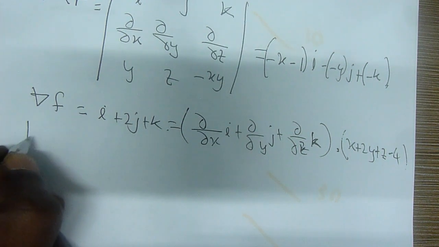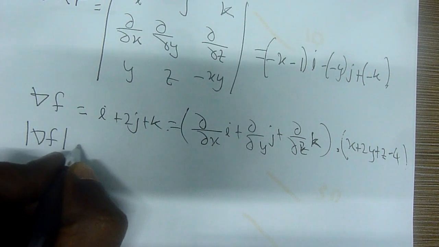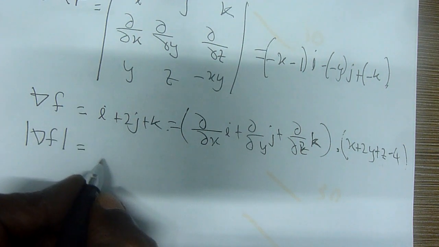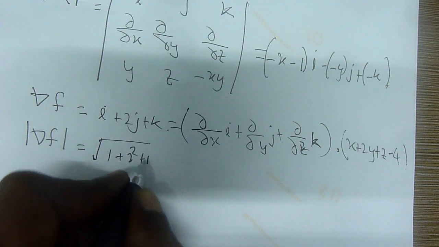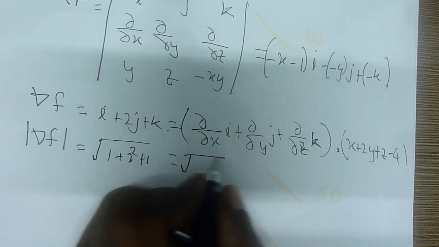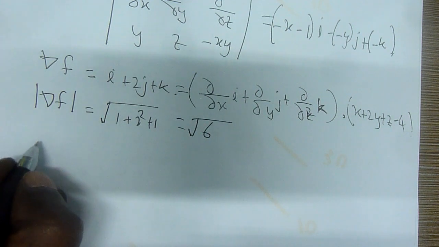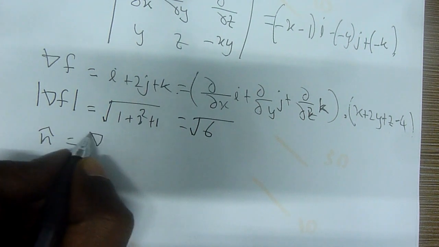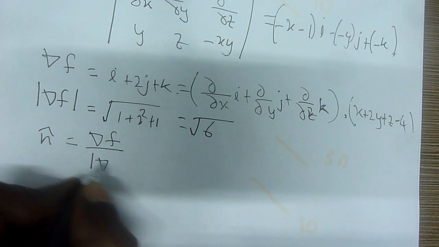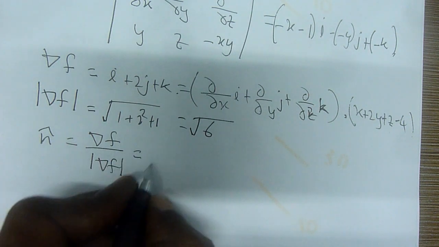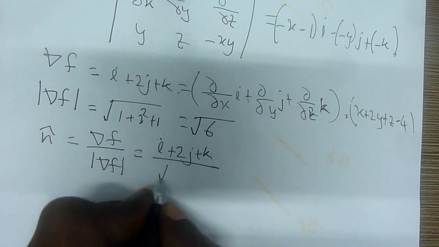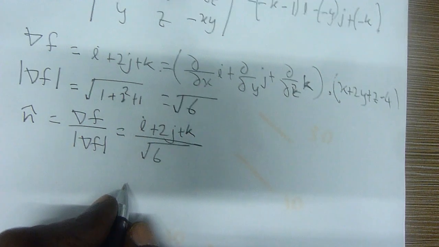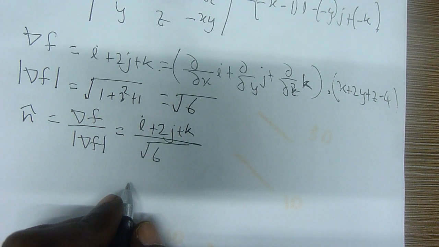What about the magnitude? The magnitude is 1 plus 4 plus 1 equals 6. What about the n? n is del F over the magnitude of del F. Here you just calculate i plus 2j plus k, and you get the magnitude as square root of 6.